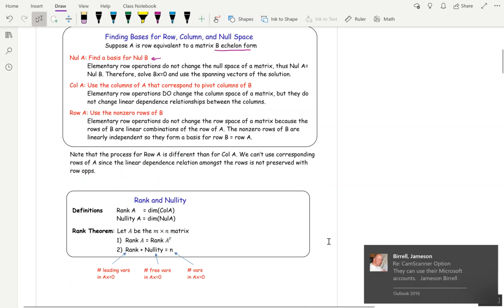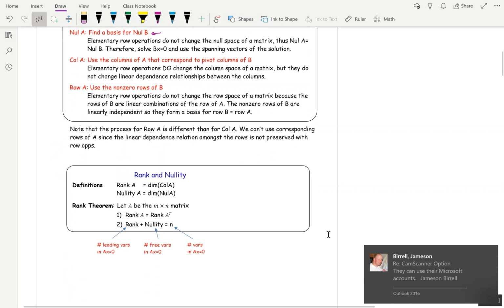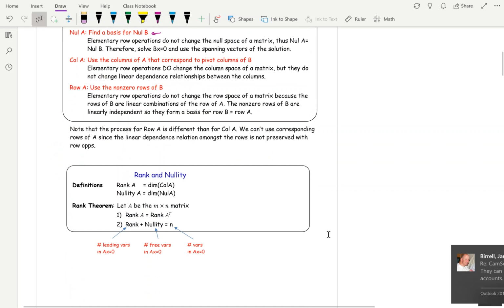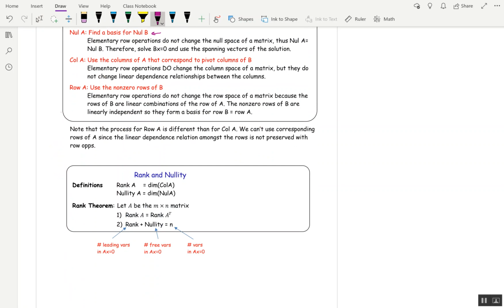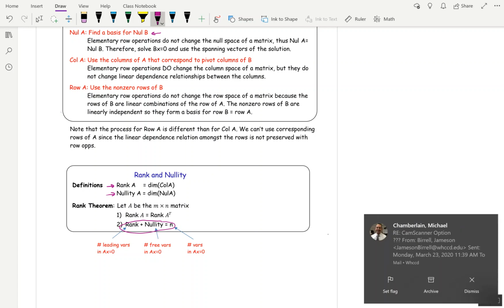Rank plus nullity theorem says that, first of all, the definition of rank of A is the dimension of col A. And the nullity of A is the dimension of null A. And what the rank plus nullity theorem says, this part of it, is if you look at the number of variables in AX equals 0, which is n, for an m by n matrix, there would be n variables.